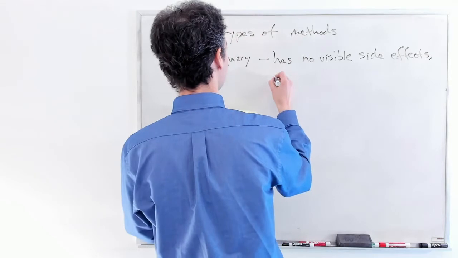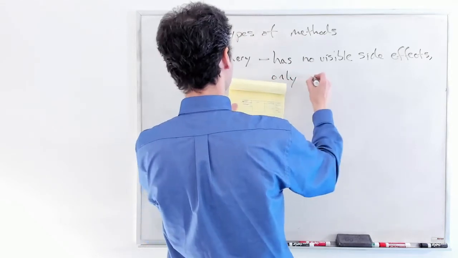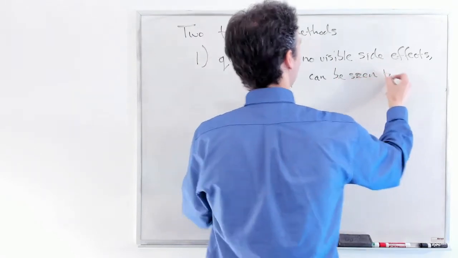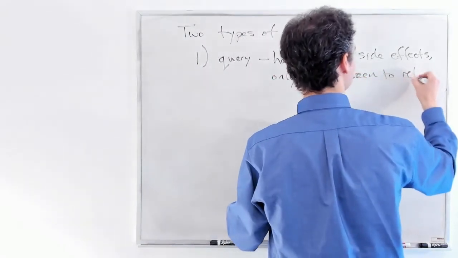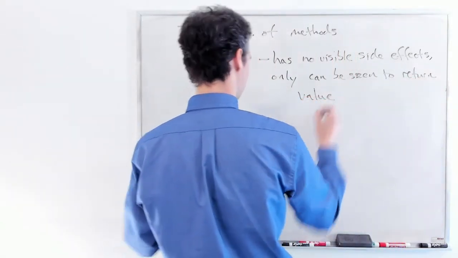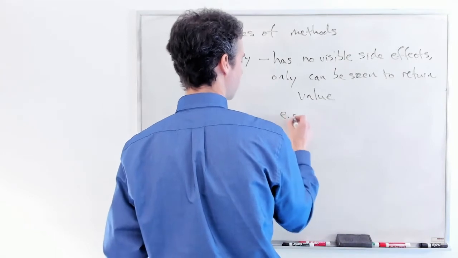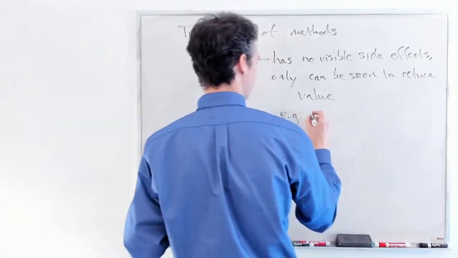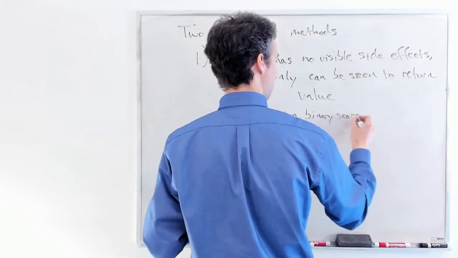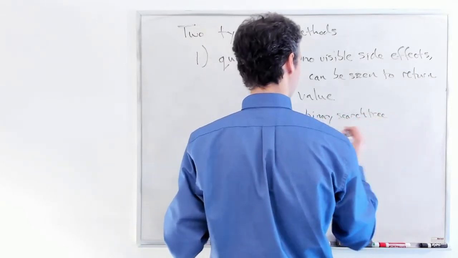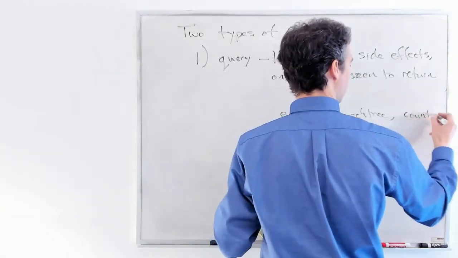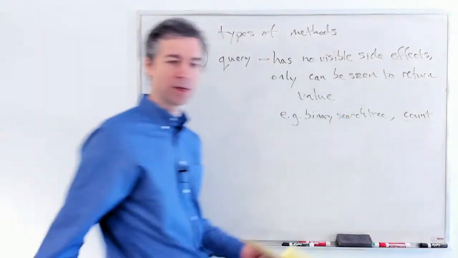So from our notion, a query method can only be seen to return a value. We call the query method and it returns some value to us. For example, let's say we have again our binary search tree, and a method that would be a query method might very well be the count method.